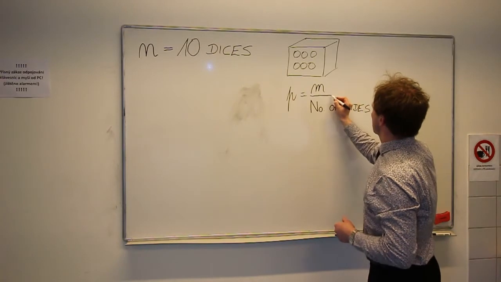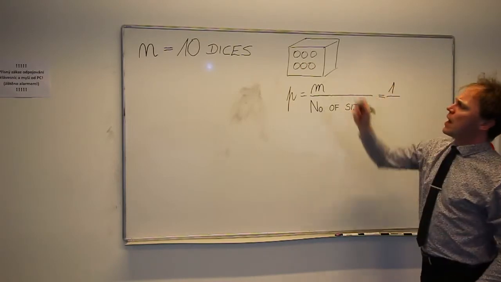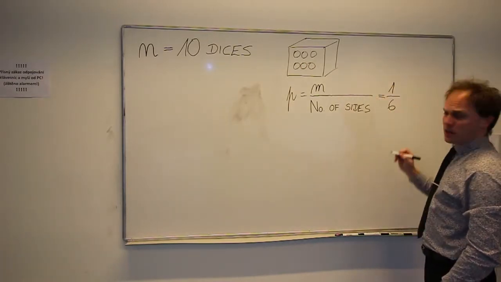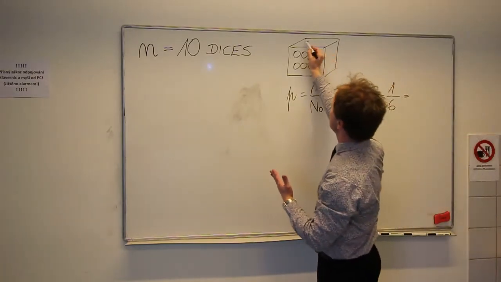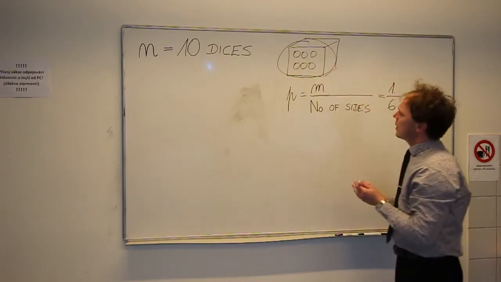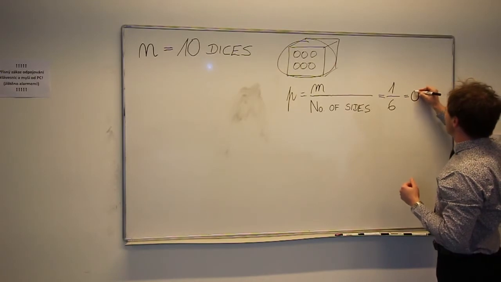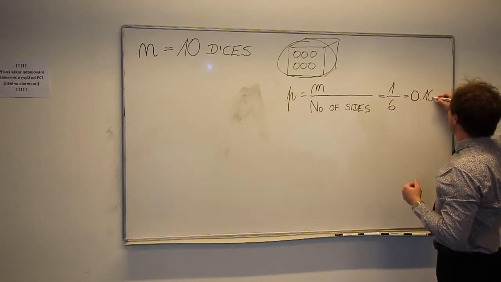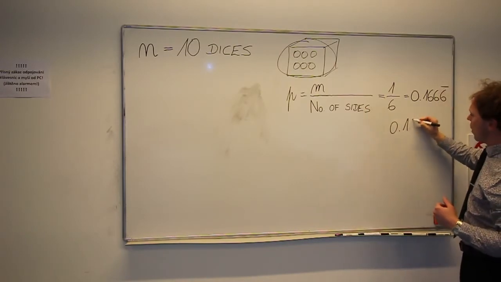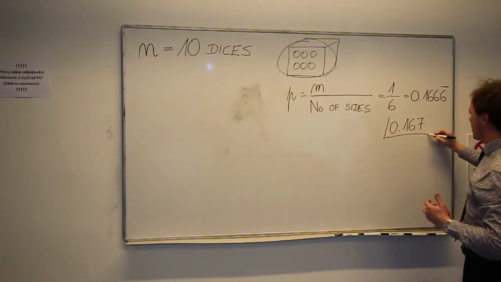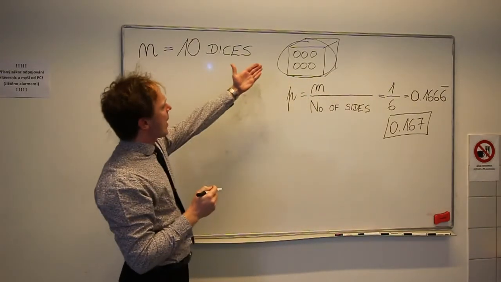Our required value is 1, and this dice has 6 sides. So logically, the probability that you will see this side on one dice is equal to 1 divided by 6, and we already calculated this as 0.1666 periodical, approximately 0.167.